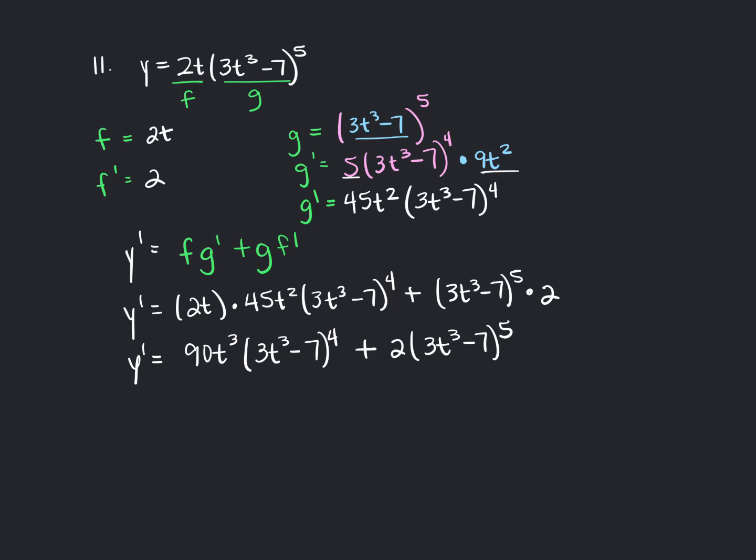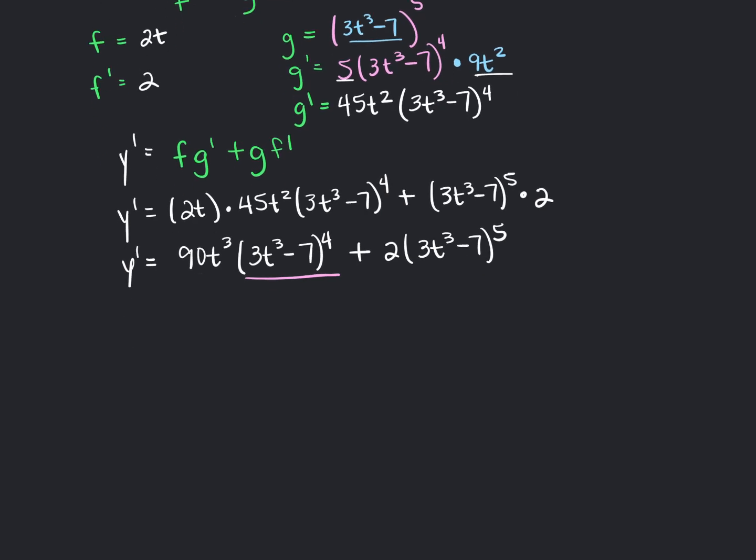Now, on this problem, I can actually clean some stuff up, okay? The first thing that I notice is I can factor out, let's do it this way. I can factor out a (3t cubed minus 7) to the 4th power, okay?